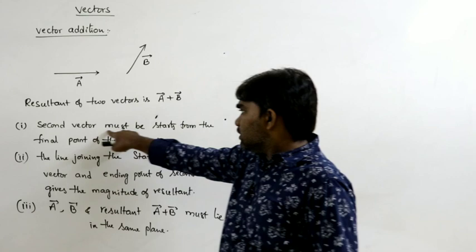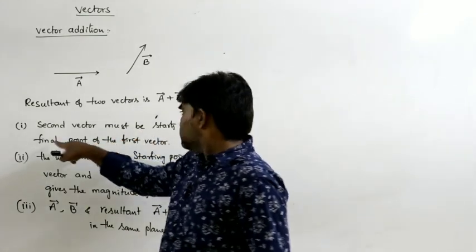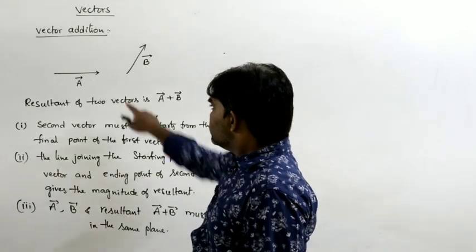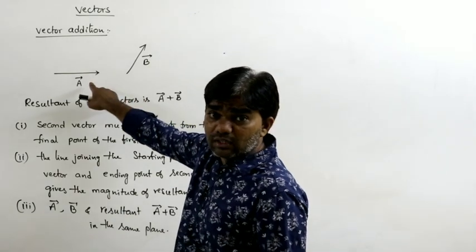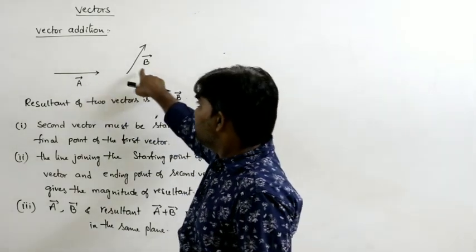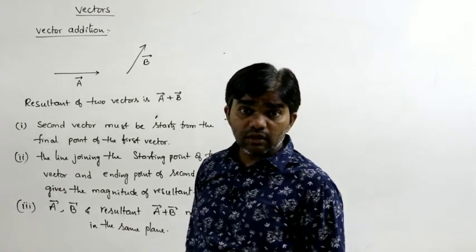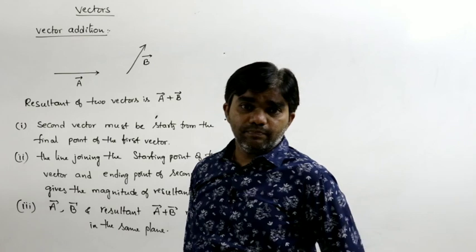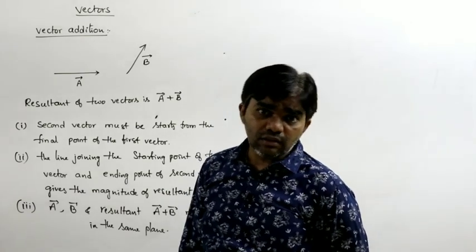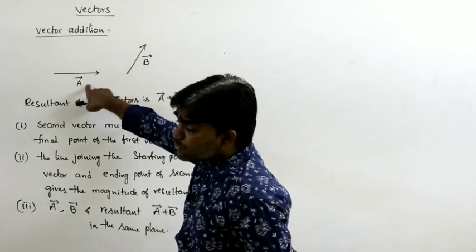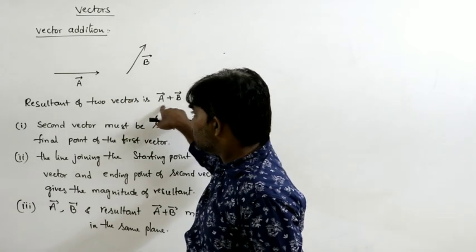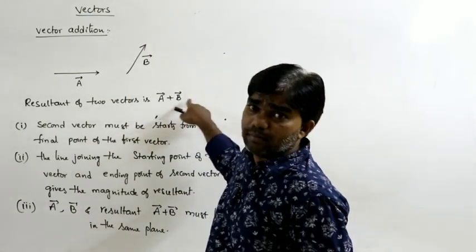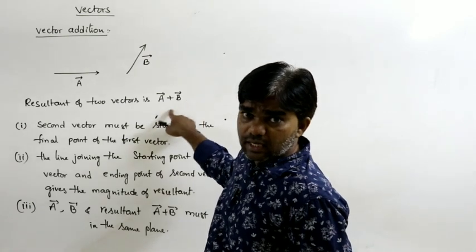The second vector must start from the final point of the first vector. Here, what are the two vectors? A bar and B bar. The first vector is A bar, the second vector is B bar, and the resultant we have to find is A bar plus B bar.